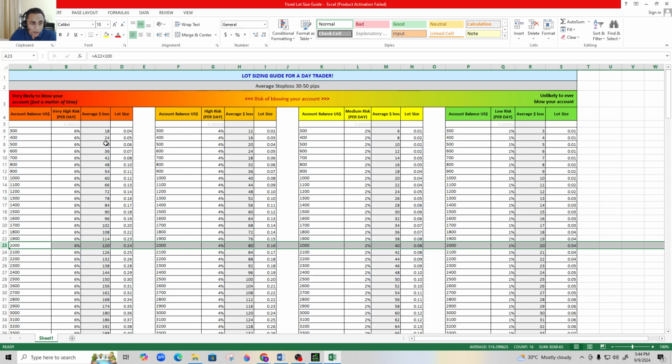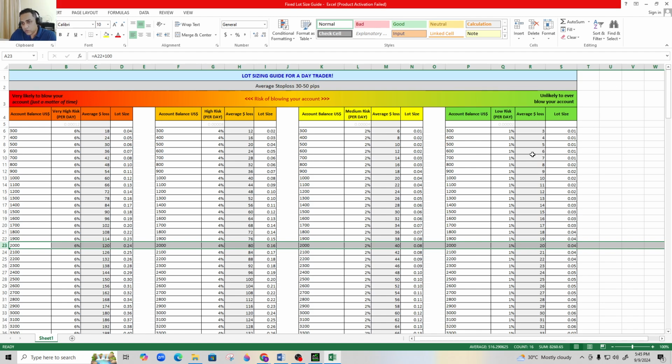And if you're trading this lot size, which is about 6% per day, it's a very high chance or almost guaranteed that in a matter of a couple of weeks, or 2, 3 weeks, or even a month, you will blow your account.